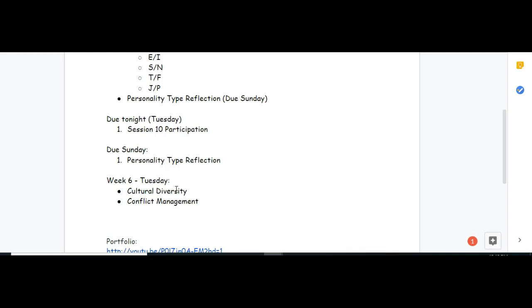So there's diversity within just Myers-Briggs alone. Also, with conflict management, our Myers-Briggs code will tell us how we typically would handle a conflict and to see if that's the best way for us to approach conflicts. So that's kind of what we talked about in class.